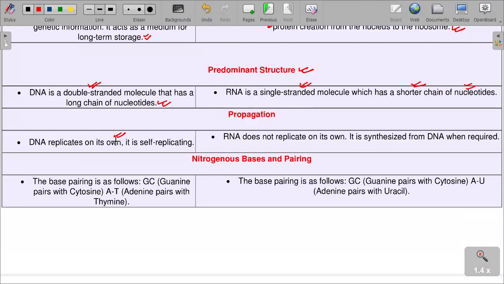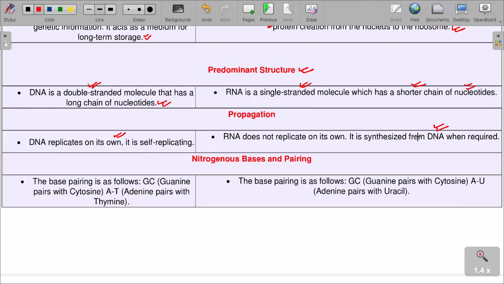We call that replication. So it is self-replicating in DNA, it reproduces itself. RNA does not replicate on its own. It is synthesized from DNA when required.